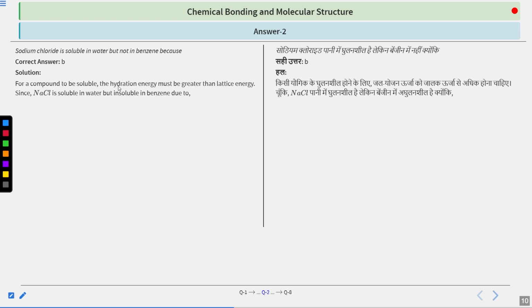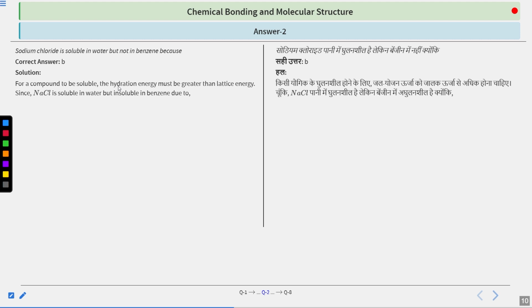So there will be an attraction and that will be completely attractive in nature. So attractive forces will be increased. Now as a result, what will happen? Since it is attractive, the system will stabilize in terms of energy and it will release energy in doing so. Now that energy is the one which is working upon the breaking of the lattice.